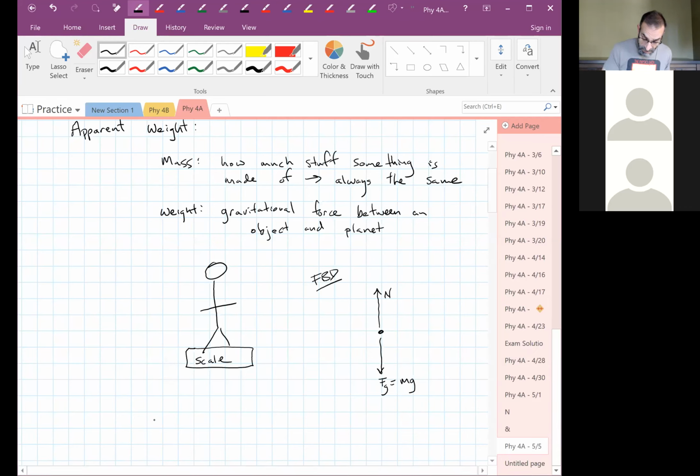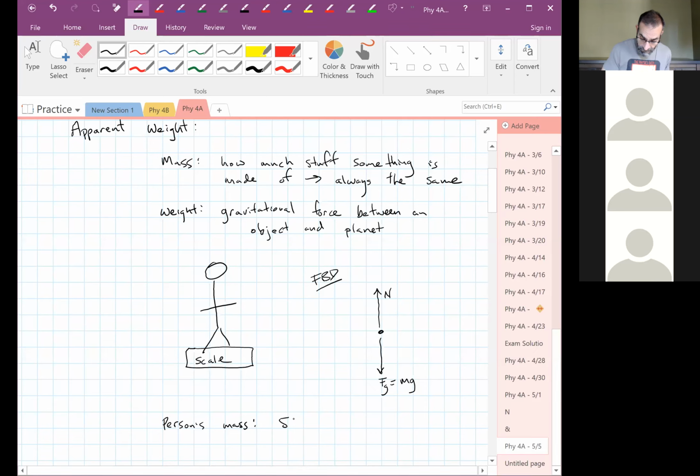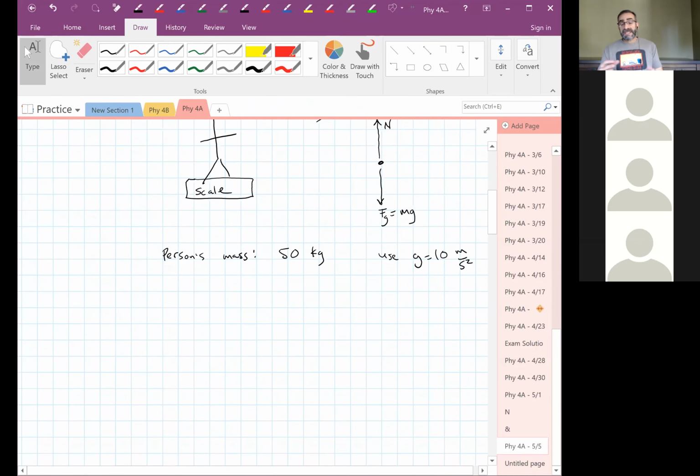So let's put some numbers in here. And I'm just going to use g is equal to 10, so I can do this in my head. All right, so we're going to take our person and our scale, and we're going to put them in an elevator.